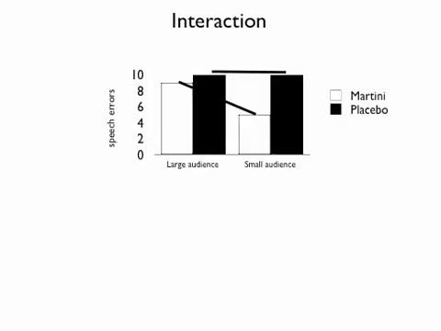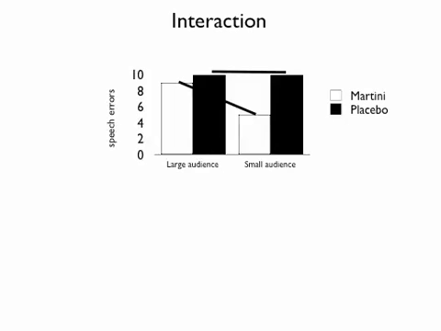People come into the laboratory, you give them either a martini or an identical placebo cocktail, and you have them read a prepared speech on camera to either a large audience or a small audience. So there are two factors we're manipulating: two levels of one factor, whether they get alcohol or not, and two levels of the other factor, whether they address a large or a small audience.